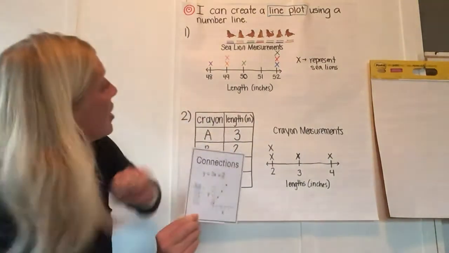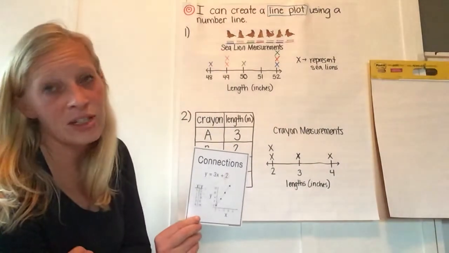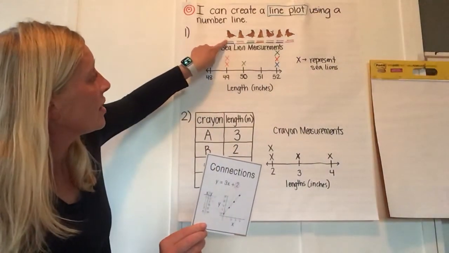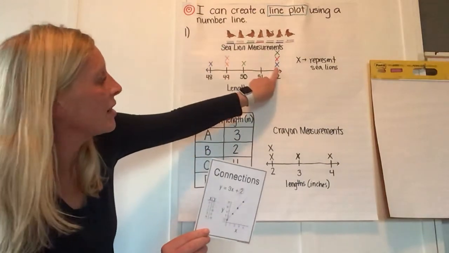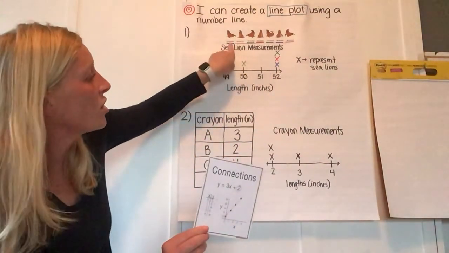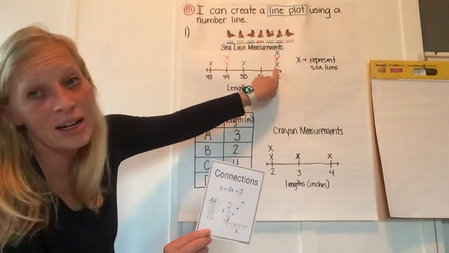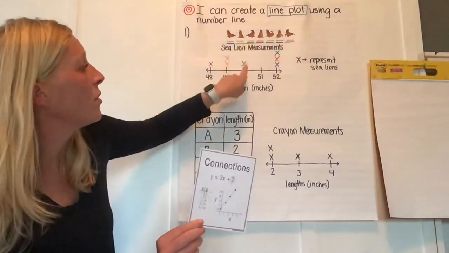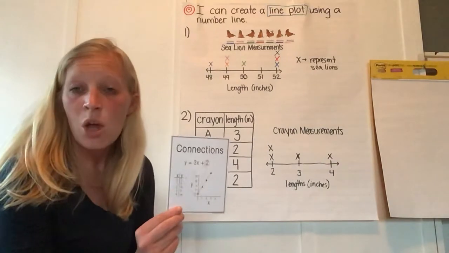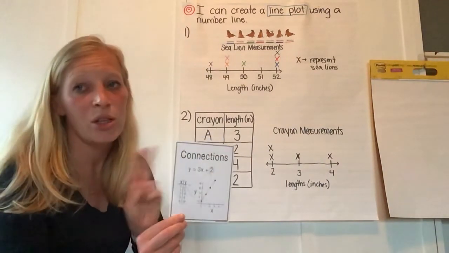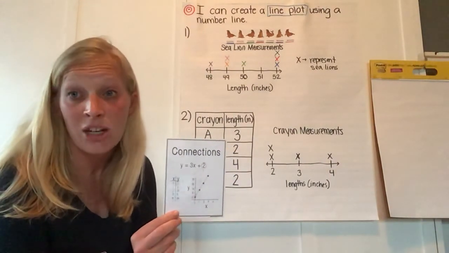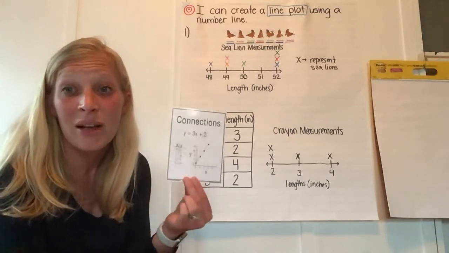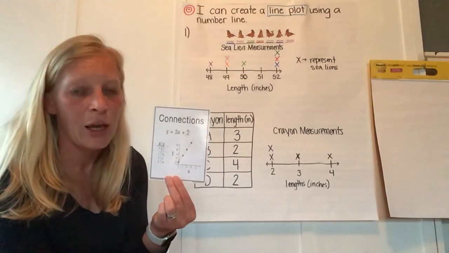For example, I used colors to start us off today because I wanted you to see that 52 inches is going to come to this 52 right here. That our 49 is going to come here, our 50 will come here, and so on. We want to see the connection between those two pieces of information and how they're organized to help us make sure that we know where everything goes.